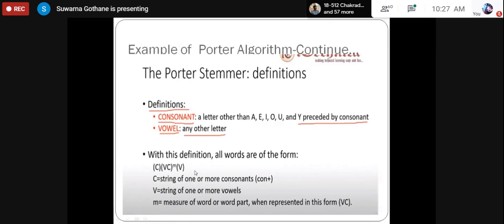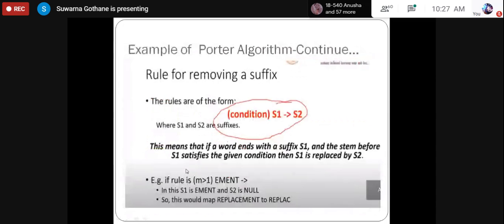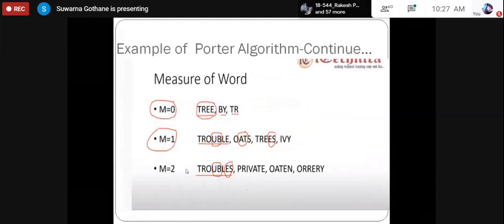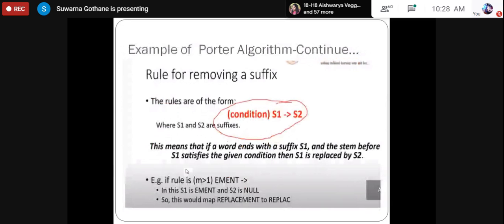Words are generally in this pattern: consonant, vowel, consonant, and then again vowel. We have studied this, and we have seen the first part, the measure of the word and how to calculate it.